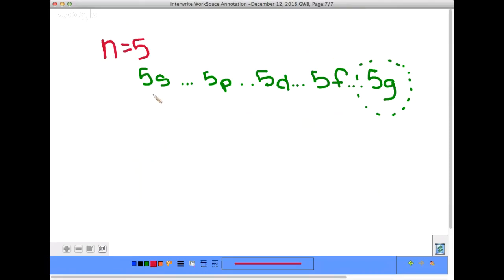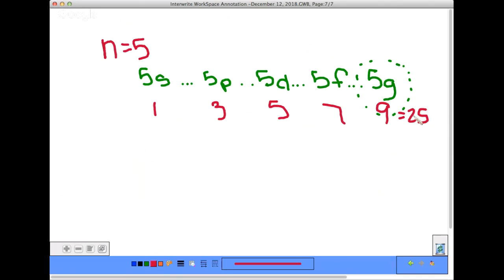So if we were to look at the number of orbitals that make up each of these subshells, they always increase by 2. So this is 1, 3, 5, 7. This would be 9. So we could add those all together. We see that we have 25 orbitals.